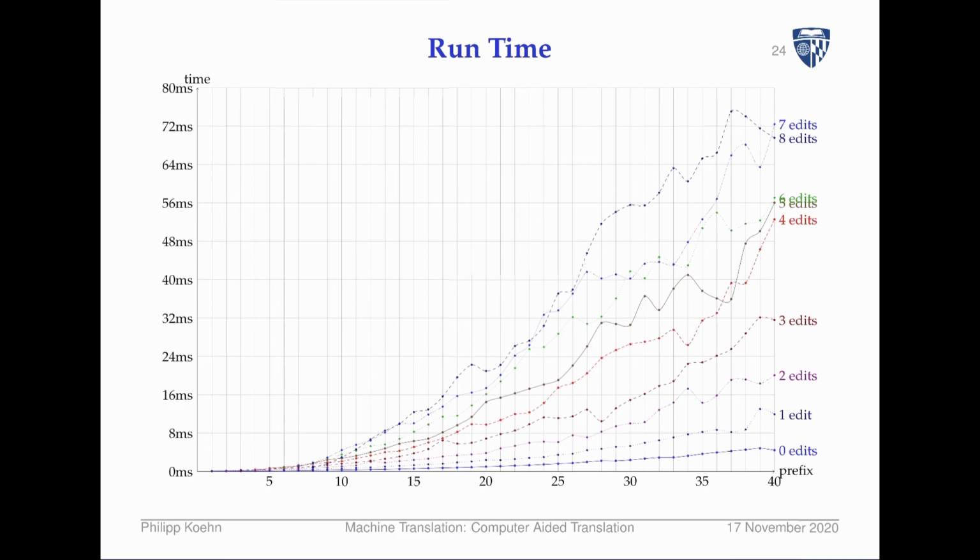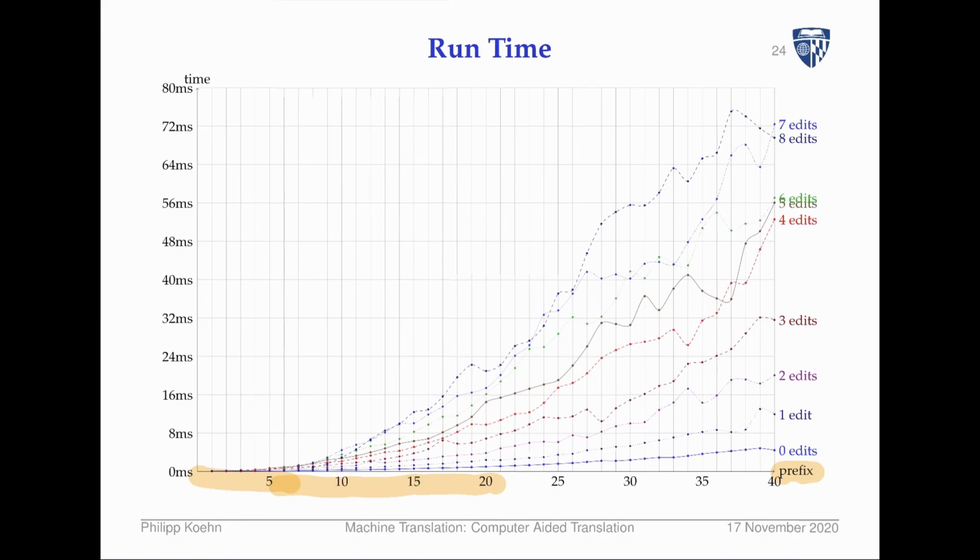Here is a runtime analysis of this method of matching against the graph that shows, first of all, the length of the prefix. So this is down here. The prefix, what the user already typed in, is 5, 10, 15, 20. So this is what we have to match against the lattice.